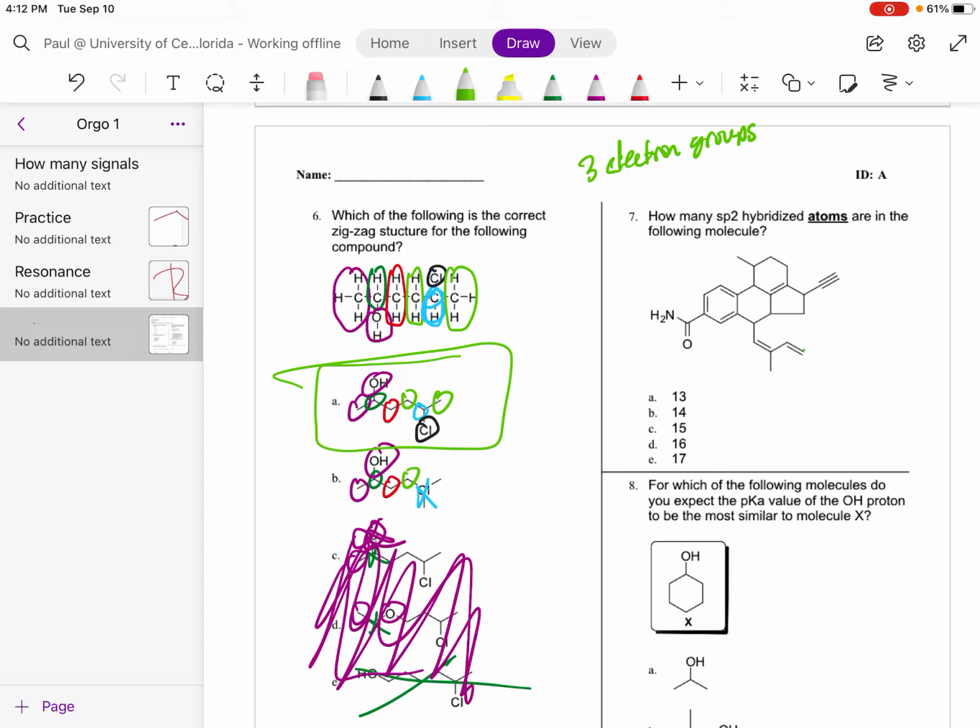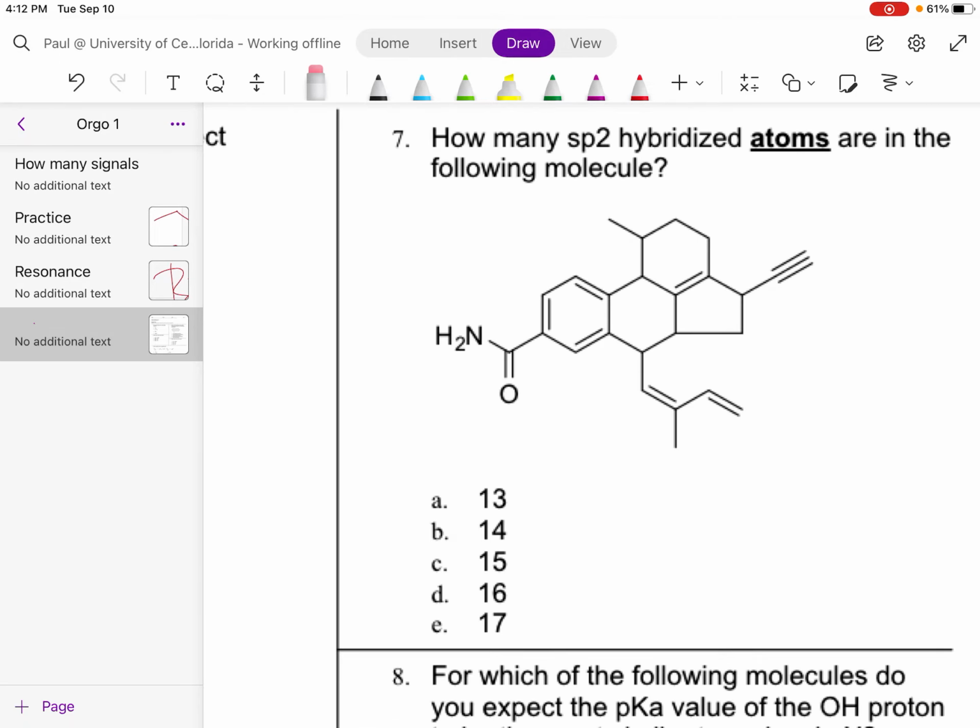Here's a carbon right there. How many electron groups are around it? If we zoom in here, we see that there are going to be 2 hydrogens coming off of that carbon. And when I count electron groups, I see 1, 2, 3 electron groups around that, making that carbon sp2 hybridized.